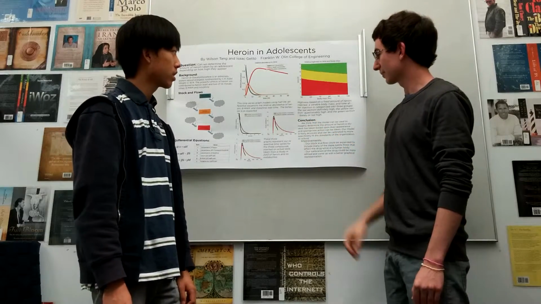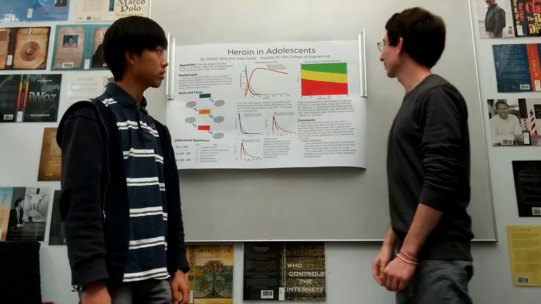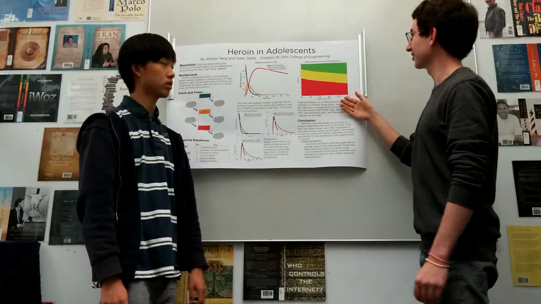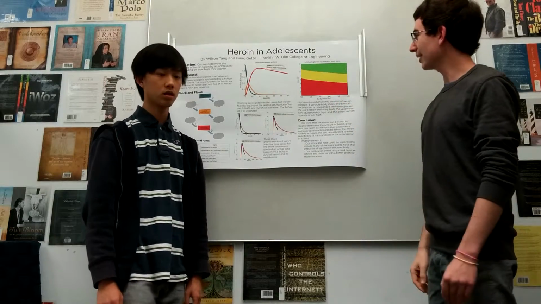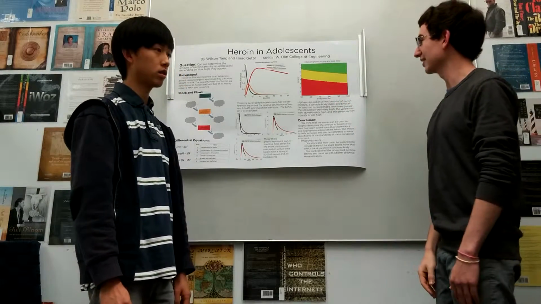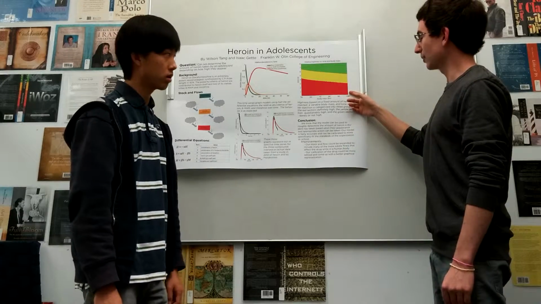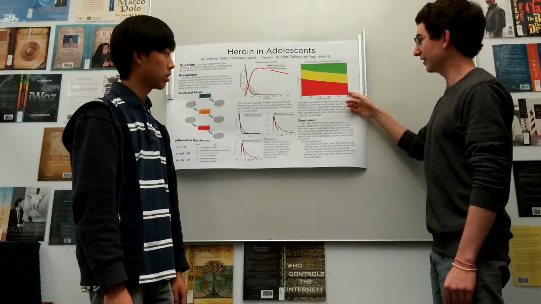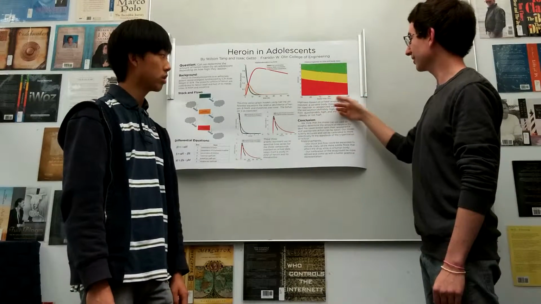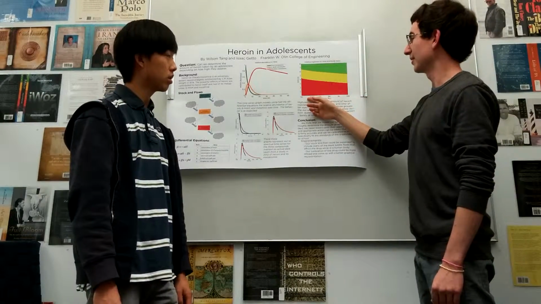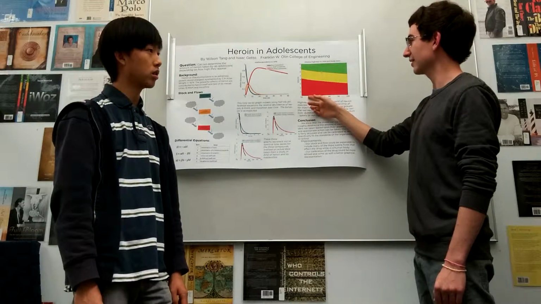From these time series graphs, we came up with this graph, which shows relative highness of a student based on their body mass and the time since injecting heroin. So we can see that in this red section, which represents definitely high, these students are in the lower body mass and have a short waiting period after taking heroin.